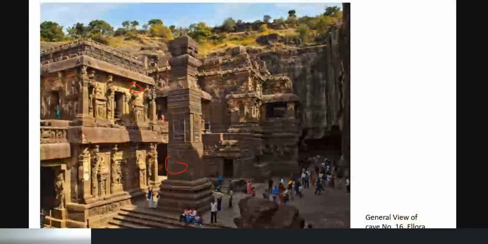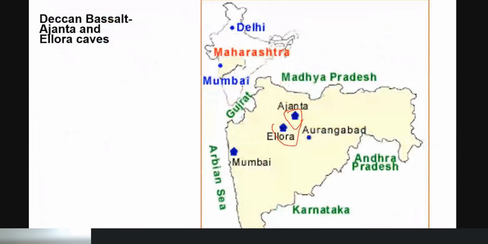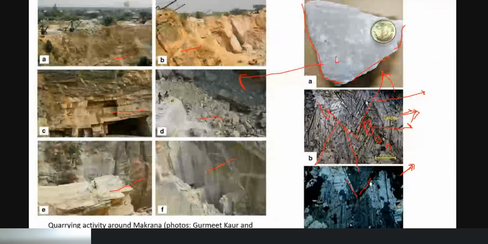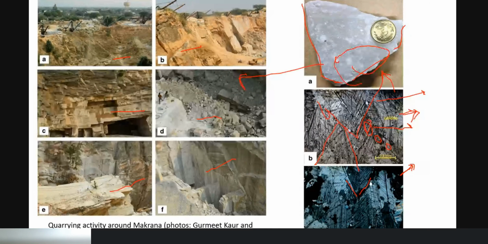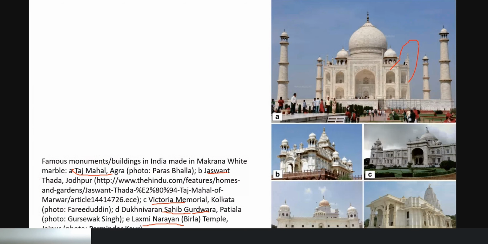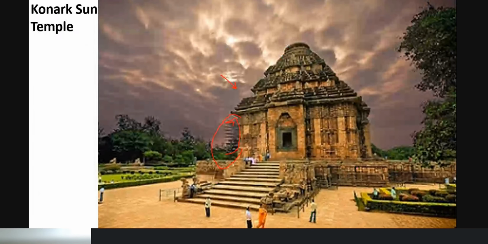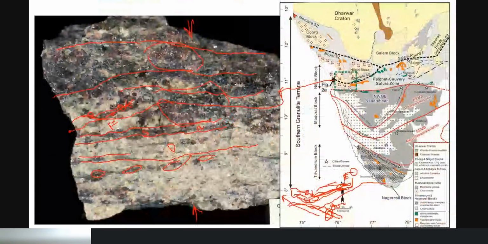Rather than that, if we use a monomineralic or monolithic rock, then we have less chance of damage and destruction, like these Makrana marbles, which are made by metamorphism of pure calcite. So these are basically more stable structures than this particular Konark Sun Temple.